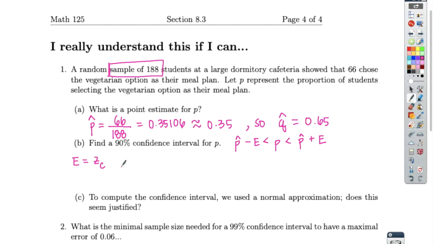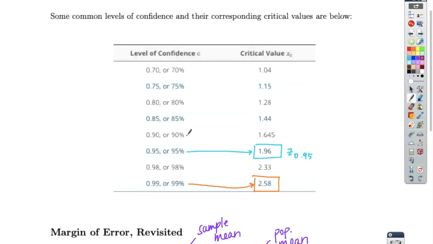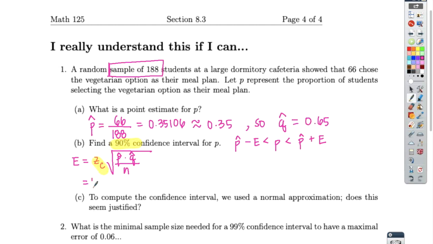And this is all coming from z's, right? So we need our z critical value. And then it's going to be times the square root of P hat times Q hat all over n. And we have all of these things. So let's look in the 8.1 notes and get this critical value for a 90% confidence. So going back here, here's 90% confidence, and there is our critical value, 1.645.